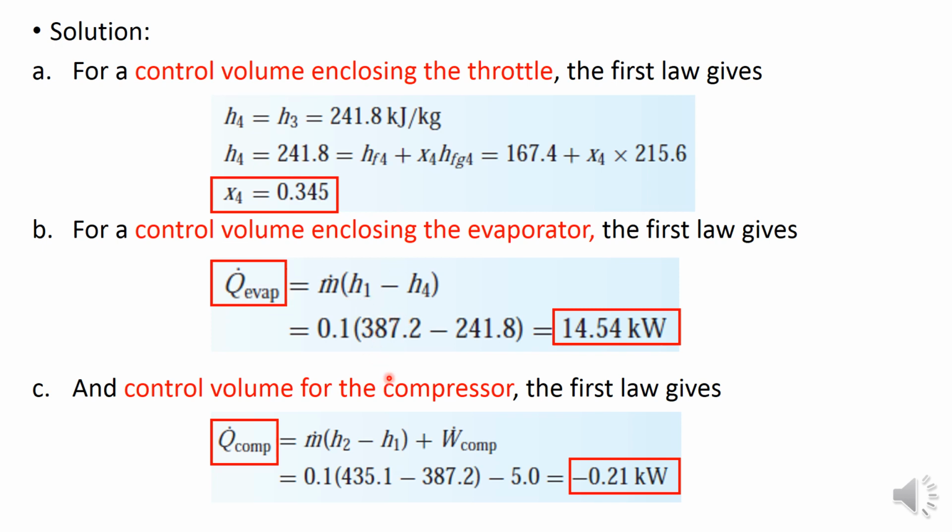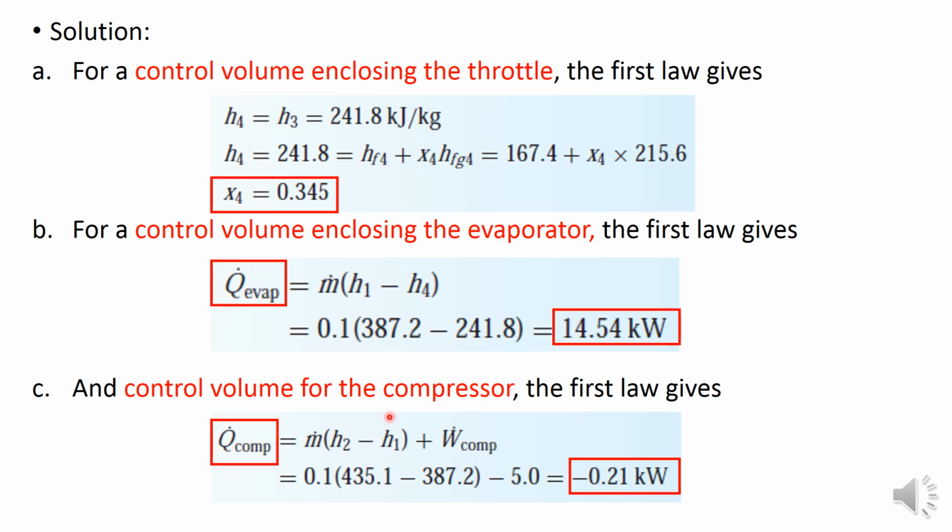H1 means at state 1, that is pressure 100 kilopascal and temperature minus 20 degrees Celsius. From the R134A table it is 387.2, and similarly H4 is already calculated here, 241.8. So the amount of heat absorbed in the evaporator by R134A refrigerant is 14.54 kilowatt.